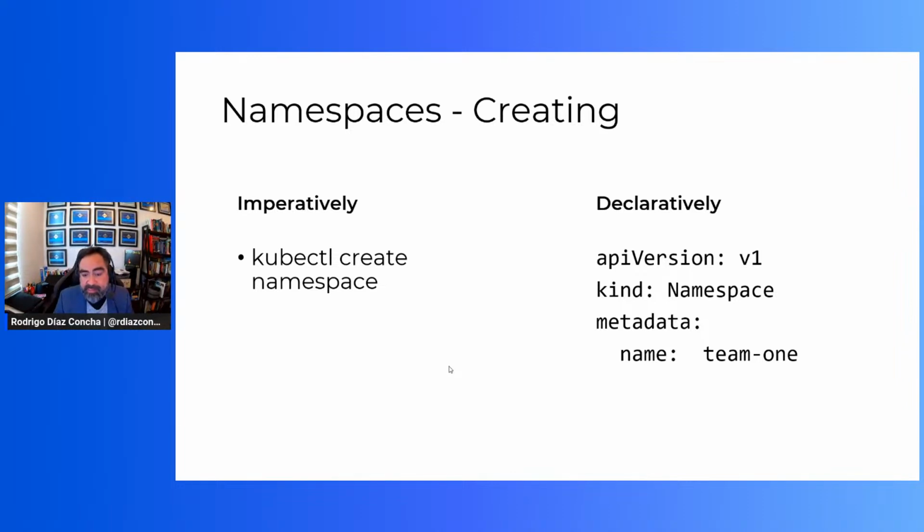And if you want to use the declarative way, as you can see, the kind of object is namespace. Remember that kind is this field inside your YAML file that specifies the kind of object that you want to deploy, right? So namespace is the kind.